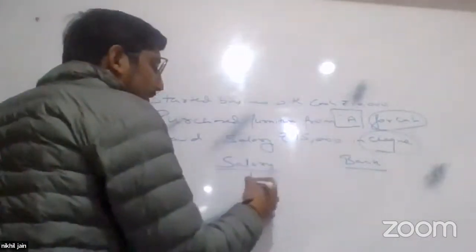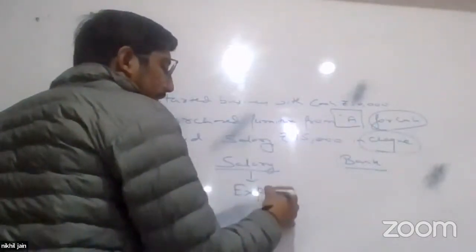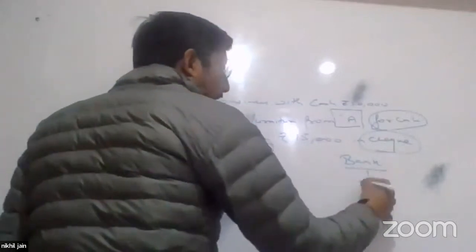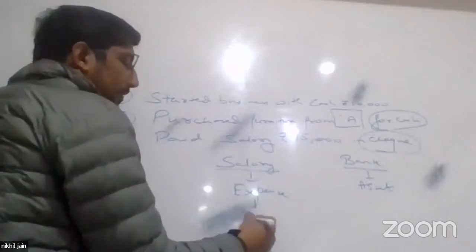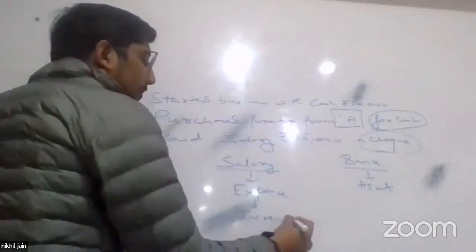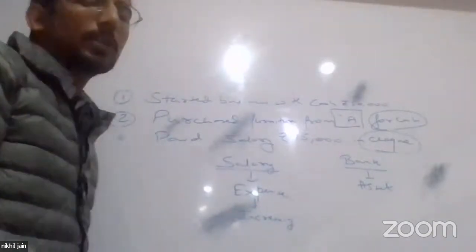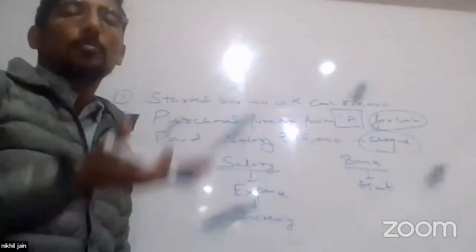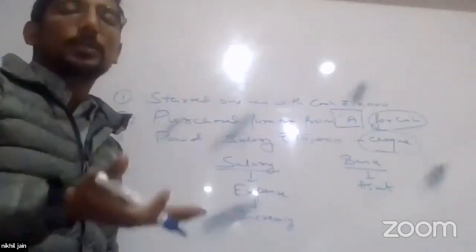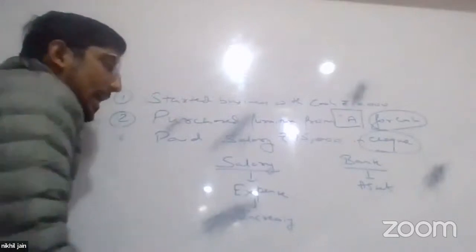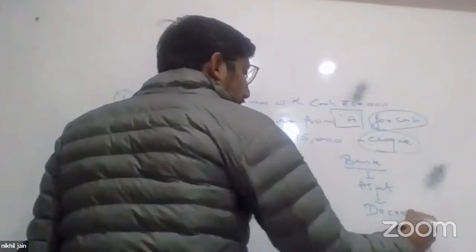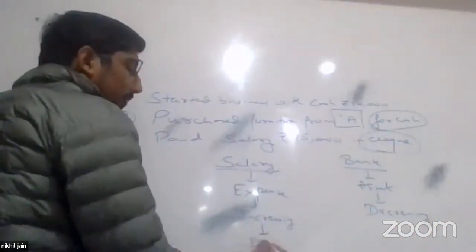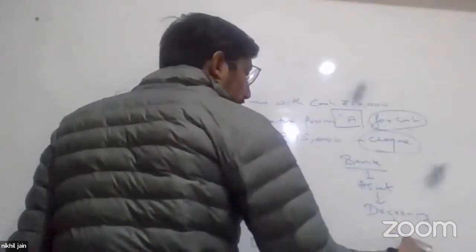So salary is an expense for us, bank is an asset for us. Expenses are increasing. When we pay salary, our expense is increasing, and the asset, bank, is decreasing, so salary will be debited and bank will be credited.